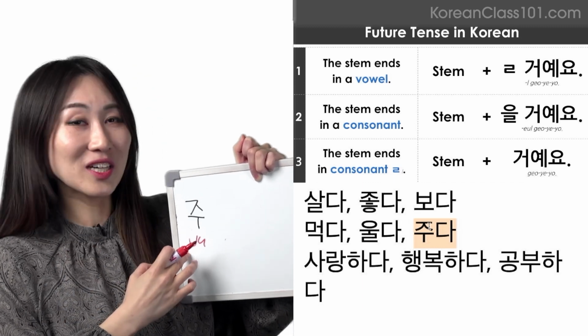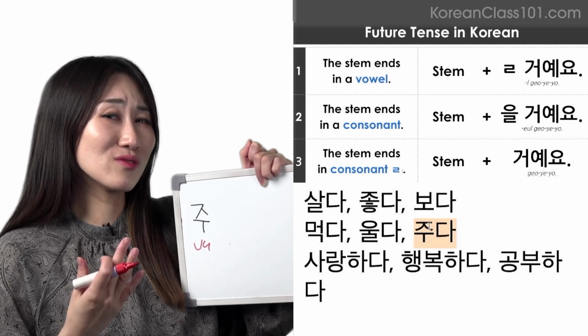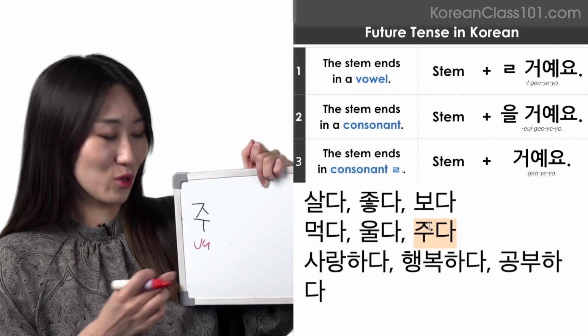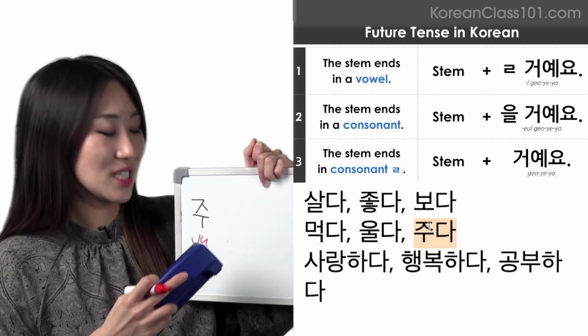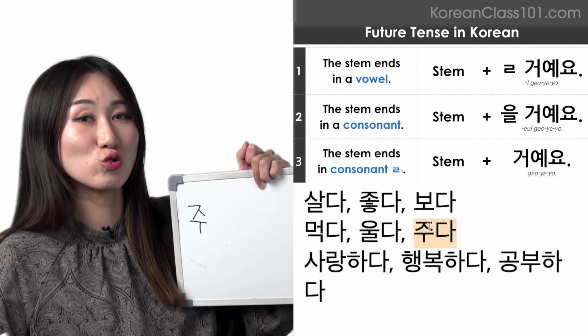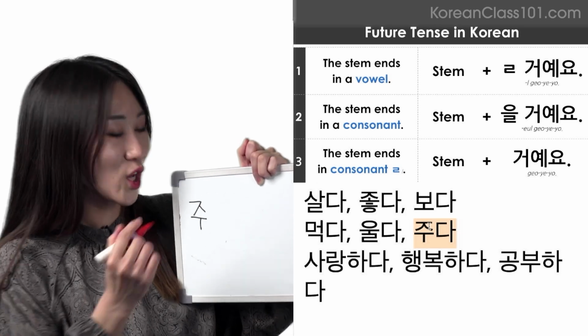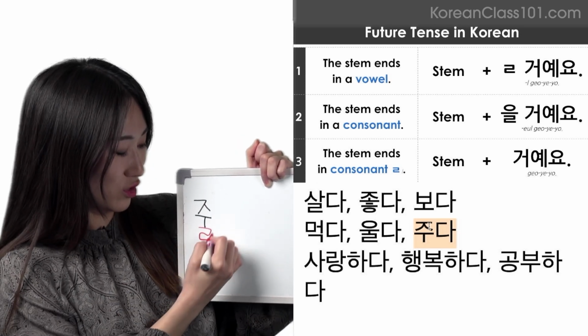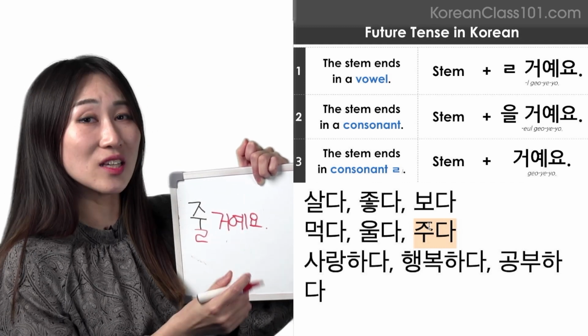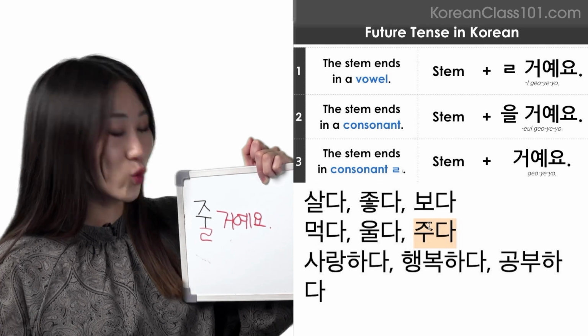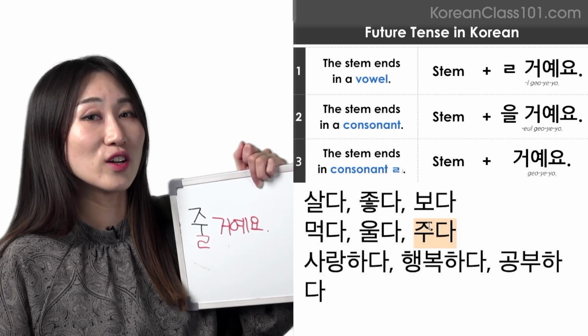So this romanization doesn't sound exactly like English pronunciation, but this is how you can romanize Korean. Anyway, 주 ends with a vowel sound, so you use 줄 거예요. I will give. I'm going to give. 줄 거예요.